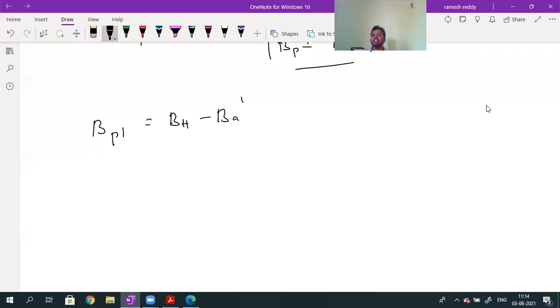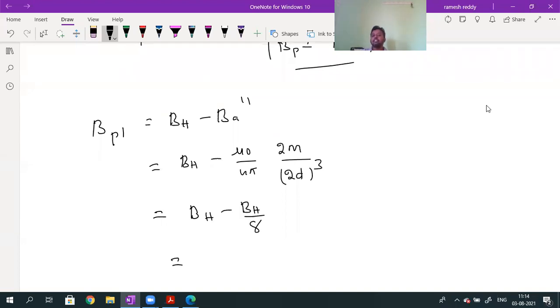BA double dash is given by mu naught by 4 pi into 2 into M divided by 2D whole cube. This value will be equal to BH minus BH by 8. So what I will get as the answer is 7 into BH divided by 8, same as in the last cases.